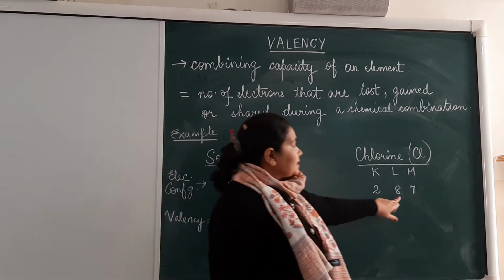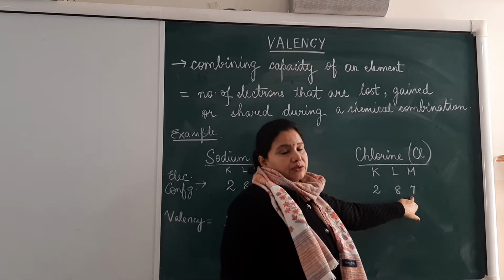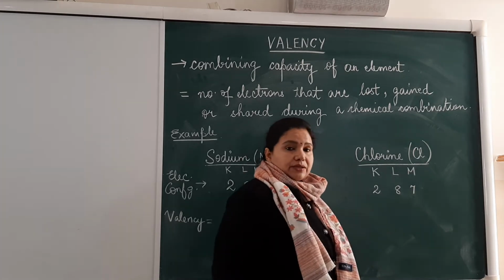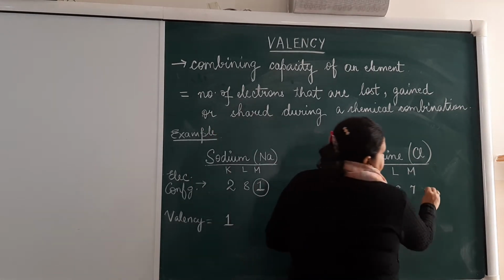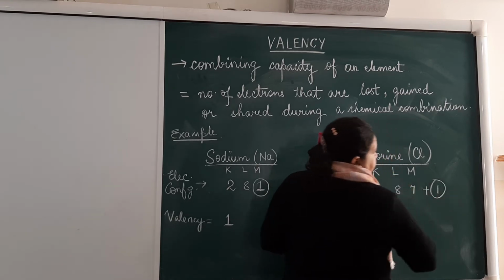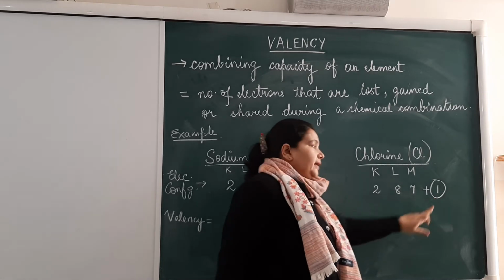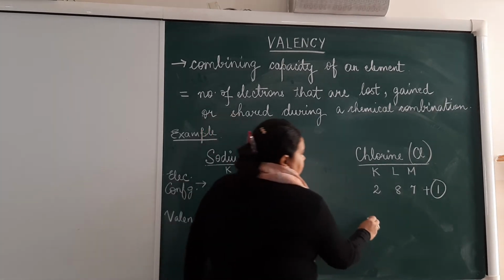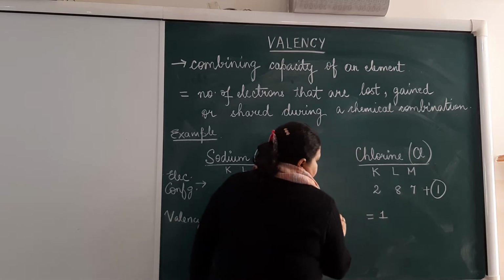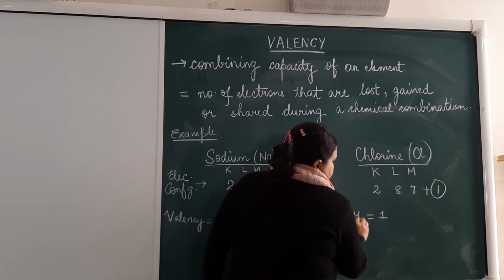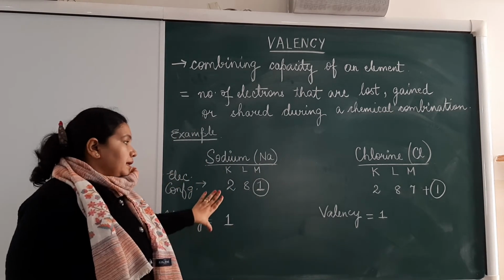So to complete its octet, chlorine needs to gain 1 electron. This 1 electron which will be gained decides the valency of chlorine, that is equal to 1. So the combining capacity of chlorine is 1 as it has to gain 1 electron.